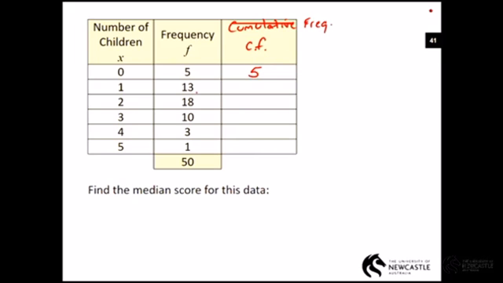But then I've got 13 more scores, and 5 plus 13 is 18. So far I've got 18 scores. Plus then I've got 18 more scores, which gives me a total of 36. So cumulative means you're adding up the total. How much do they accumulate? Add another 10, we're up to 46. Add another 3, we're at 49. And add another 1, we're at 50.